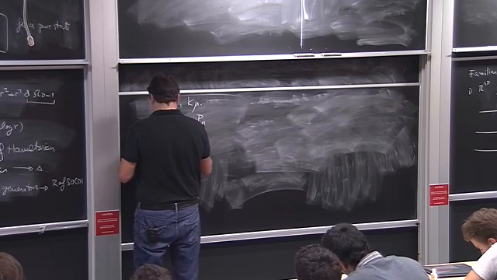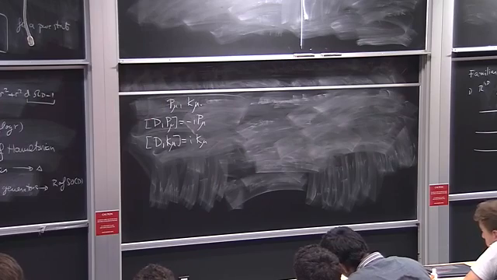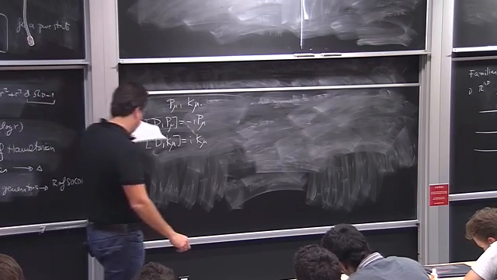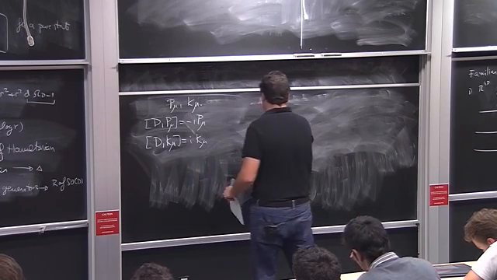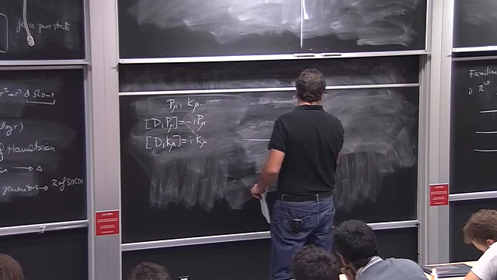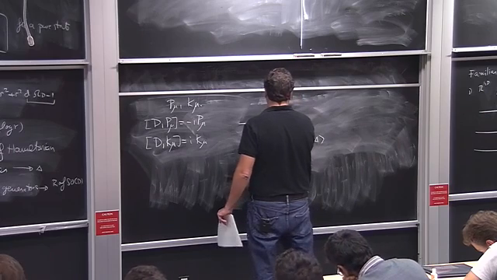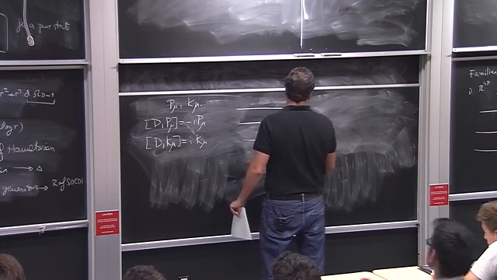So the whole point here was just to notice that one acted as a raising operator, the other one acted as a lowering operator with respect to the energy. So what happens here is if I start with the state delta A, now I can start acting on this state with P mu.